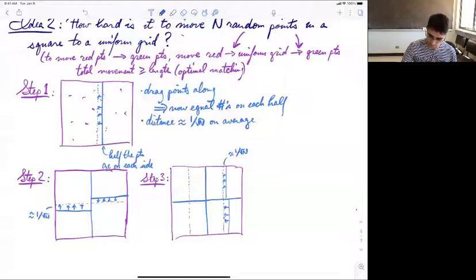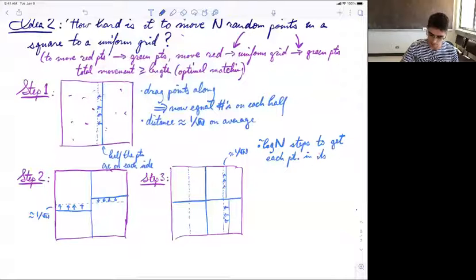It takes about log n steps to get each point in its own box. In each step, each point moves by about 1 over root n.